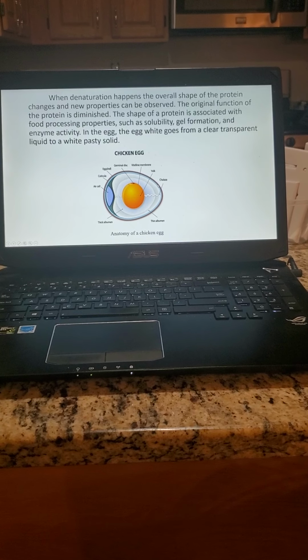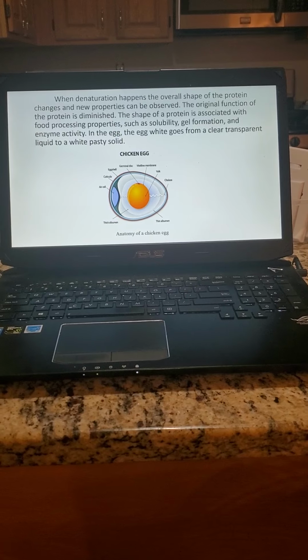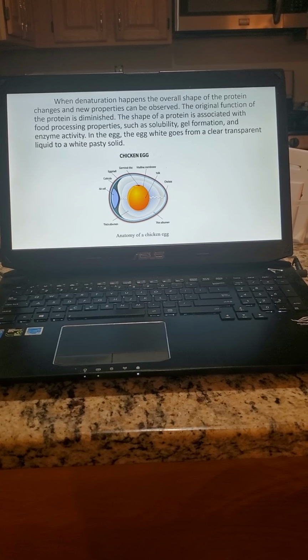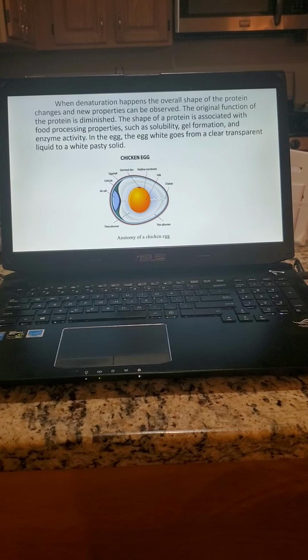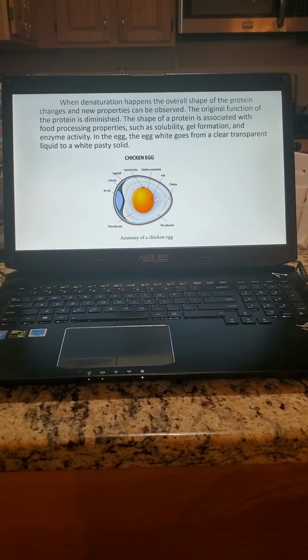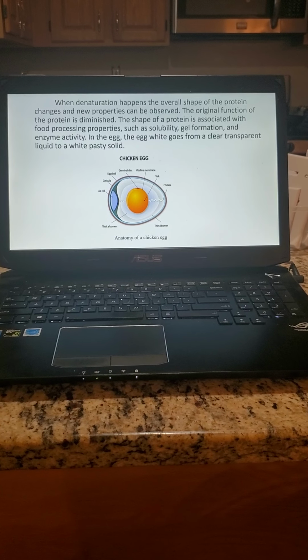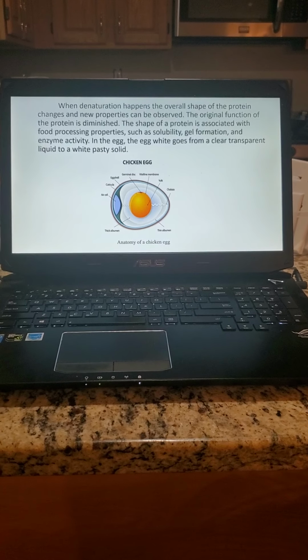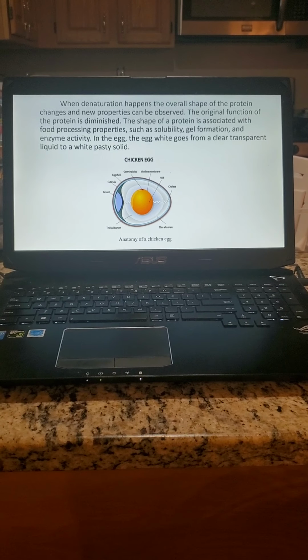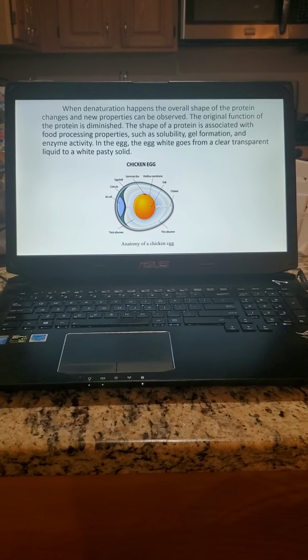So when that denaturation process happens, the shape of the protein changes, and there are new properties that are observed because you're breaking some of the chemical bonds. And that happens a lot with other chemicals.